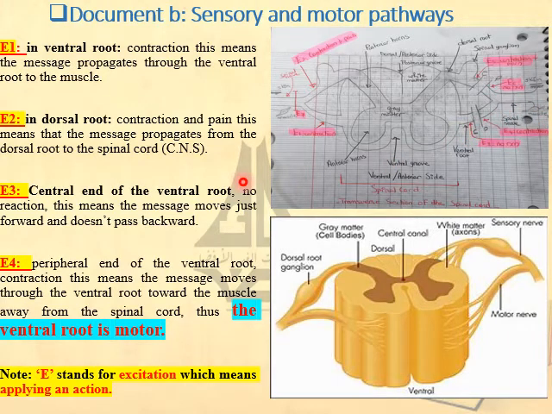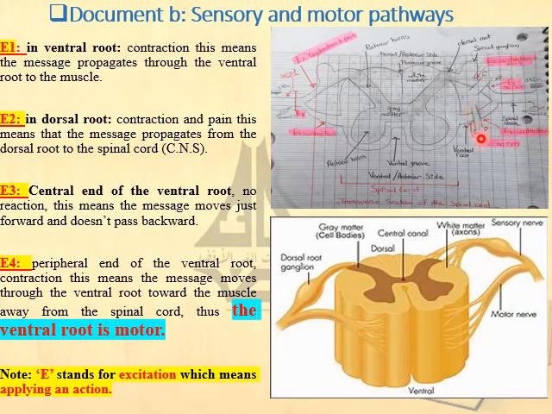And from the result, no reaction, we can conclude one more thing, that the message also cannot move backward. Nothing took place, because here it is cut and the message cannot move backward to make a reaction. So we can conclude that the ventral root is the one that is connected to the effector organs, to the muscles.